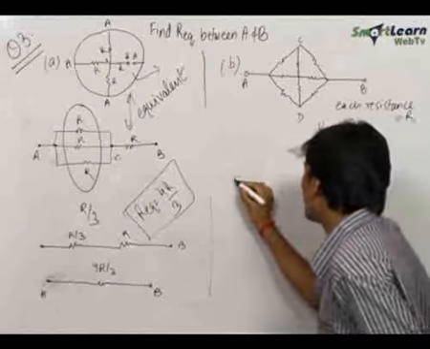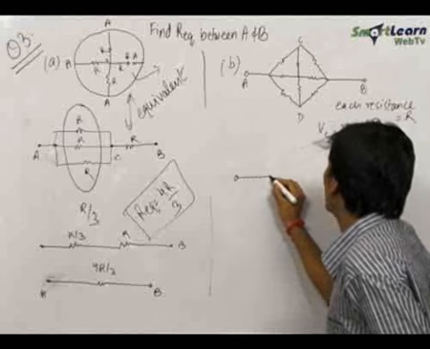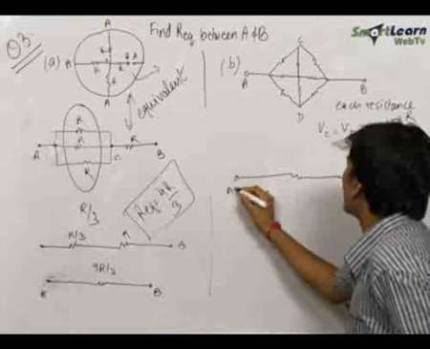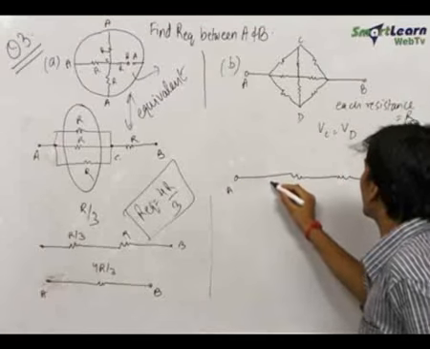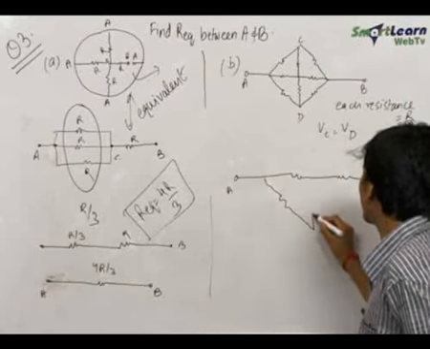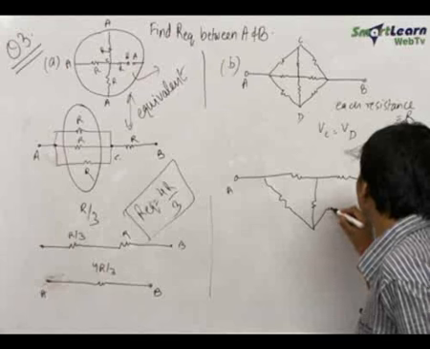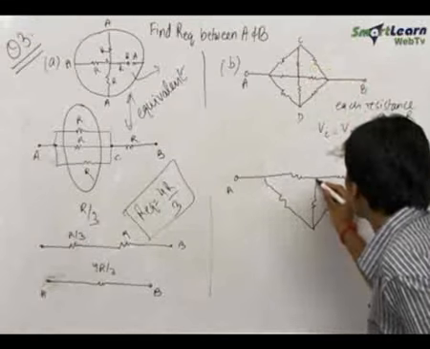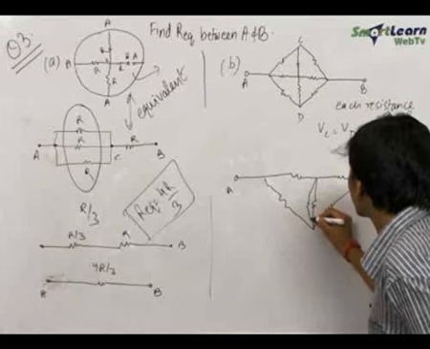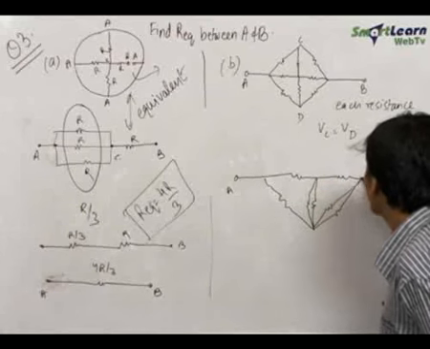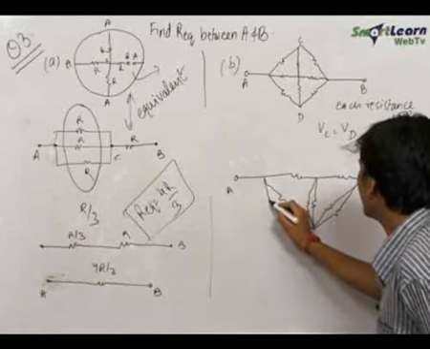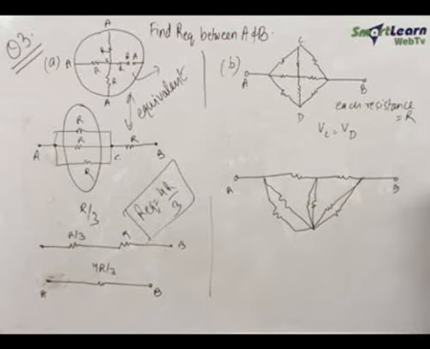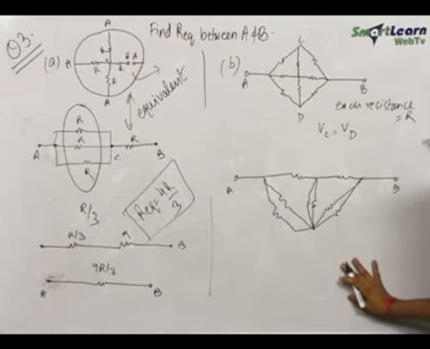So let us join them. The parent circuit remains like this for the lower part. Now we have another resistance between these two points, another between these two points, and another between these two points. So this becomes our equivalent circuit, where each of the resistances is equal to R.